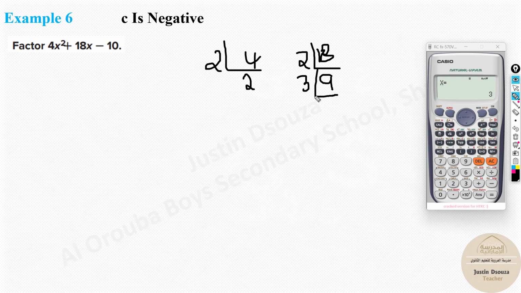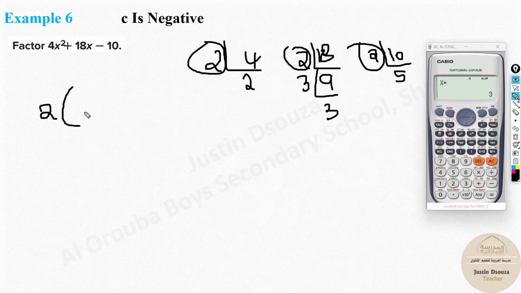Divided by 3, it will be 3. This is a prime number. Stop it. Now what about 10? It is again 2, it will be 5. This is a prime number. Stop it. Now 2 is common in all, so you must remove that as the factor, and you're remaining with 2x squared plus 9x minus 5. This is the factor.